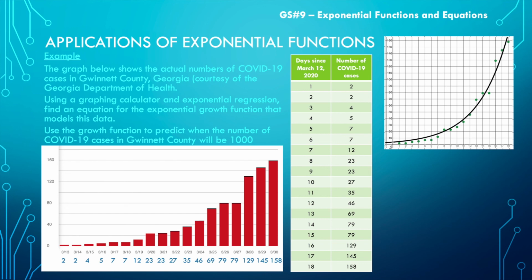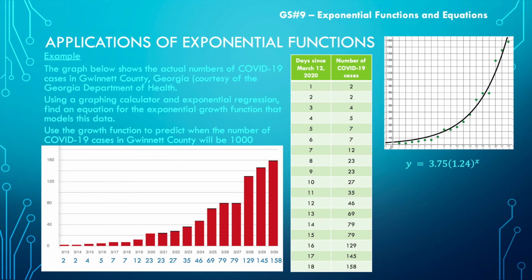And your technology will be able to then identify what is a and what is b, and y equals a times b raised to the x. And it ends up that this is our function. All right, so that takes care of the exponential growth function, and now let's use it to predict when the number of cases of COVID-19 in Gwinnett County will reach 1,000.